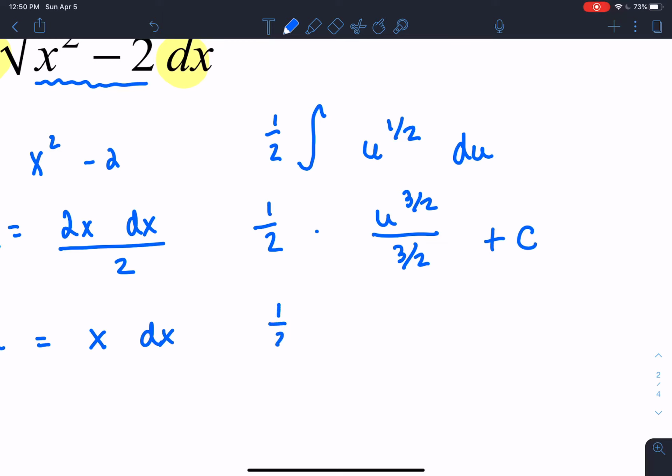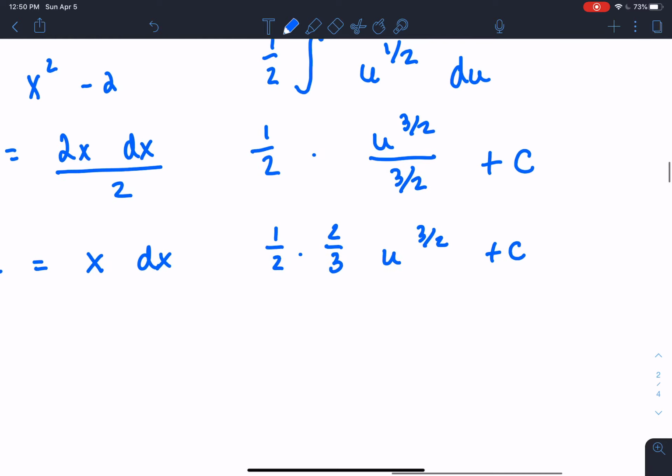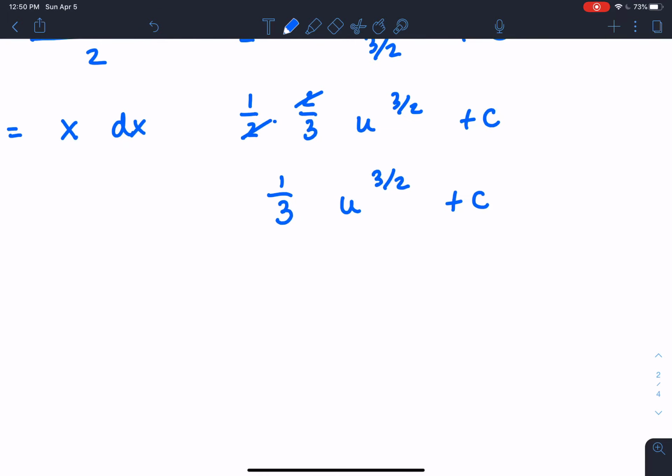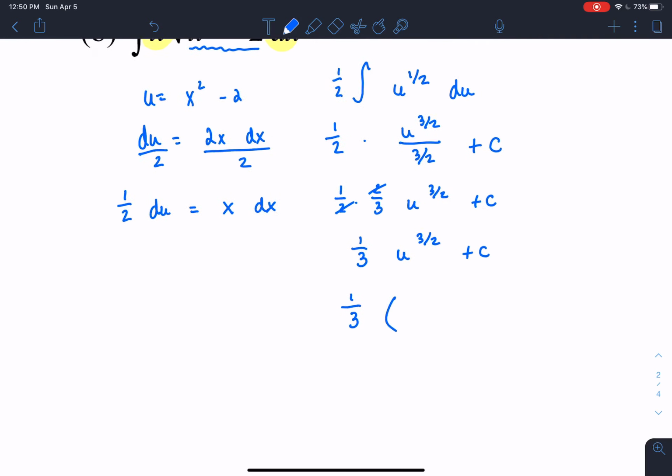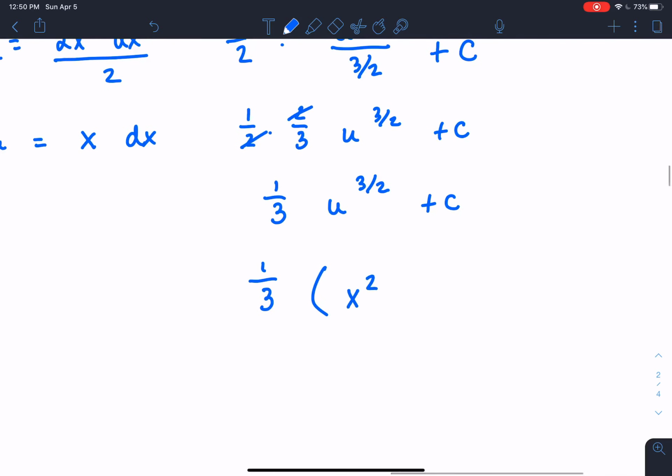You've got 1/2 times 2/3 u to the 3/2 plus c. Now these 2's are going to cancel, so you've got 1/3 u to the 3/2 plus c. Then you can replace the u back in, which we said was x squared minus 2. So 1/3 times (x squared minus 2) to the 3/2 plus c. And then you're done.